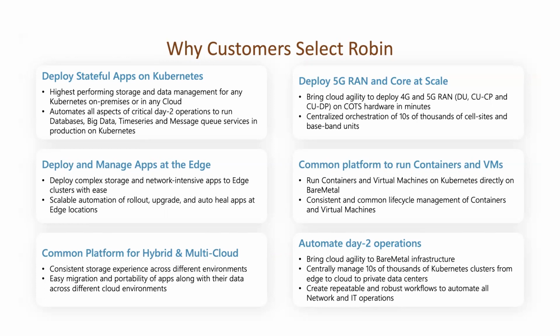Robin also automates day two operations, the automation at hyperscale, and also day two configuration management, monitoring, and lifecycle management of the applications and the clusters as well. So with this, we simplify the operations and management of 5G applications at scale. And this also demystifies how complex the 5G network functions are.